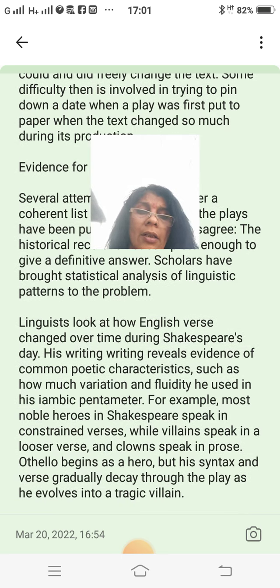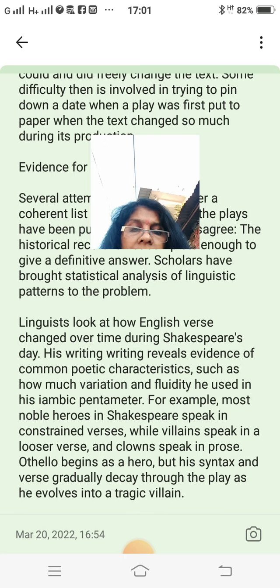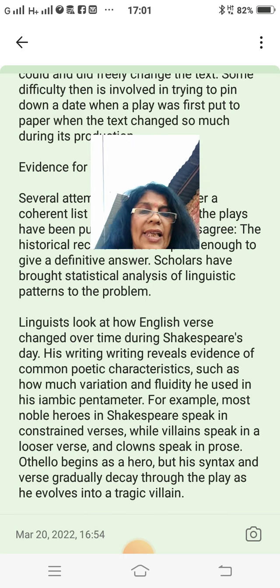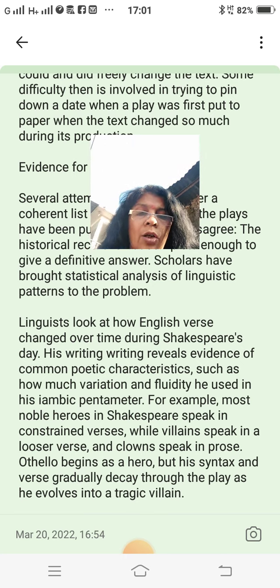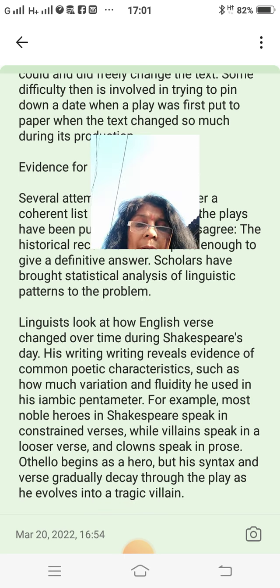For example, most noble heroes in Shakespeare speak in constrained verse, while villains speak in looser verse and clowns speak in prose.